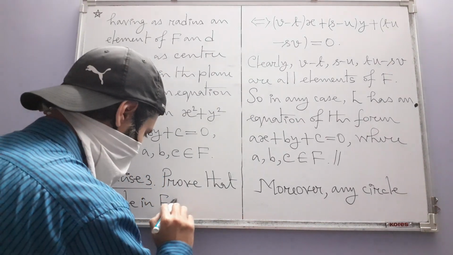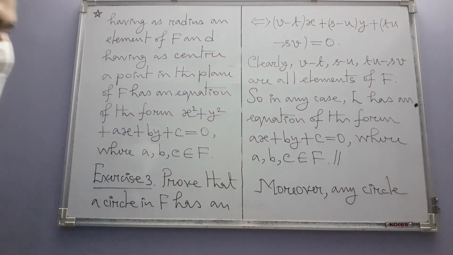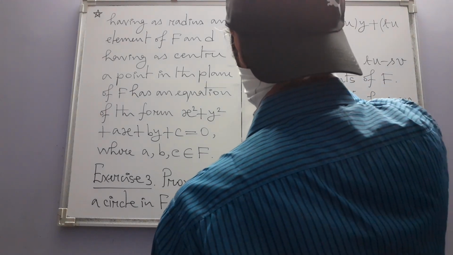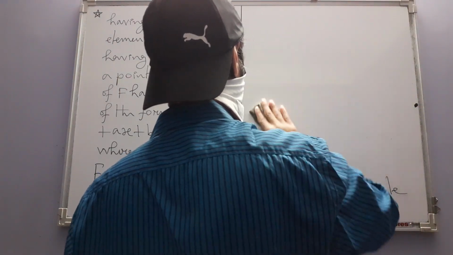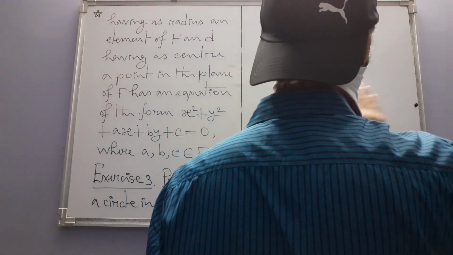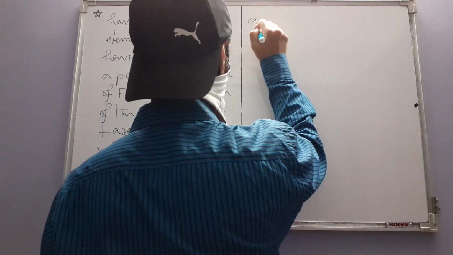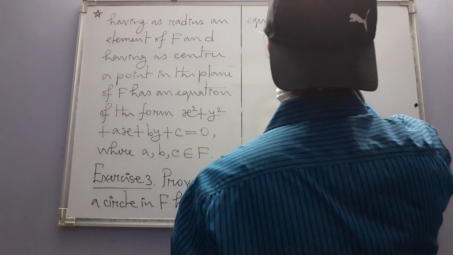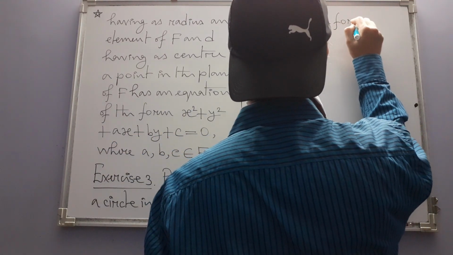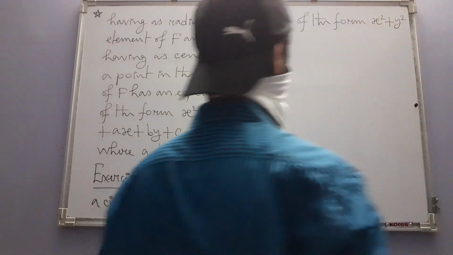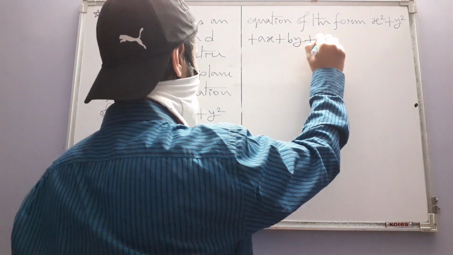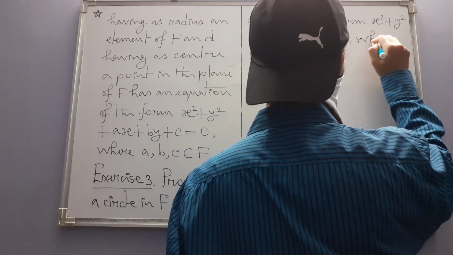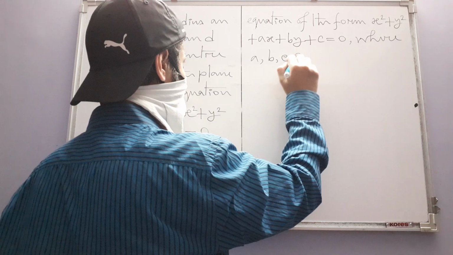A circle in F has an equation of the form x square plus y square plus ax plus by plus c equal to 0, where a, b and c are field elements.